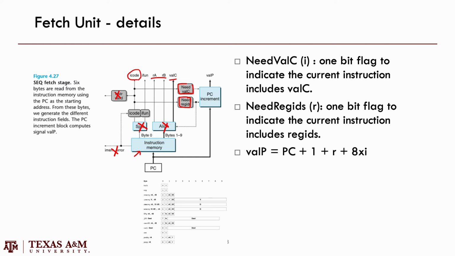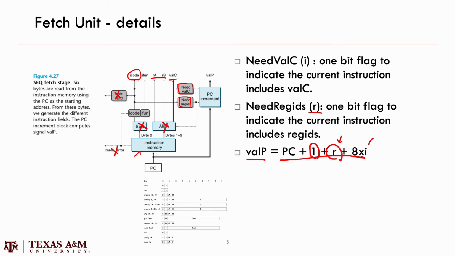With these two pieces of information, finally we can generate the next PC value, which is valP, with this equation. So PC plus 1, because every instruction has at least 1 byte. And then next is R, which is need regids. If it is set, then we add one byte here, because the register IDs take 1 byte.